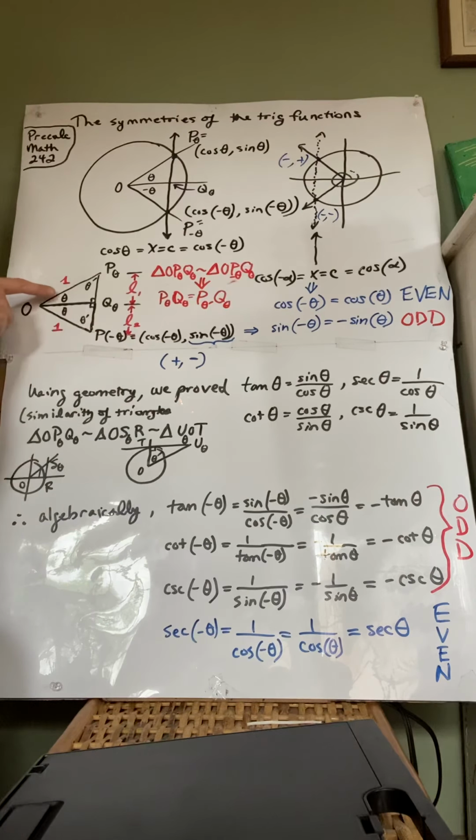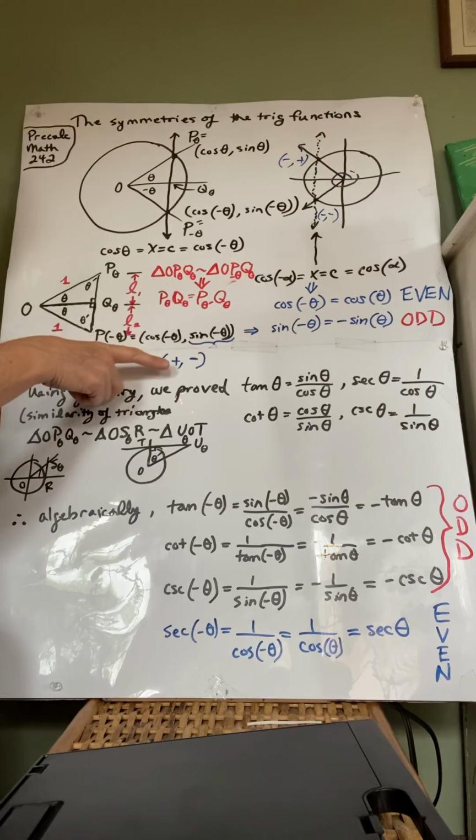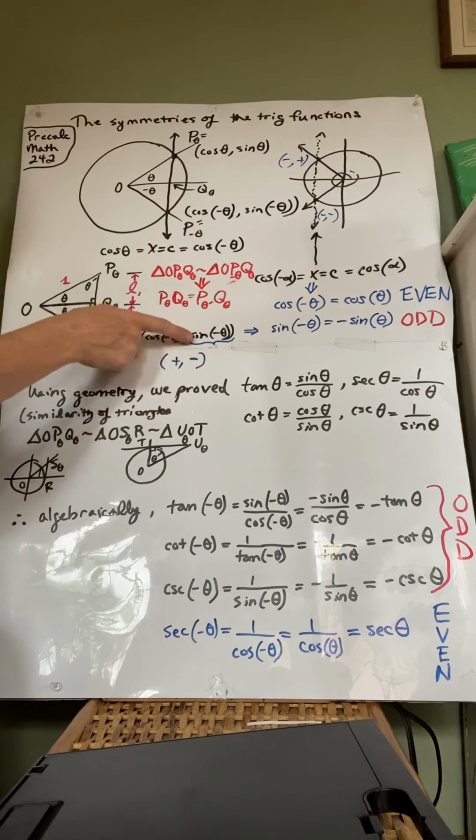When theta is between 0 and pi over 2, P sub minus theta is terminating in quadrant 4. And so its coordinates have to be positive and negative. So that value there is the opposite in sign.